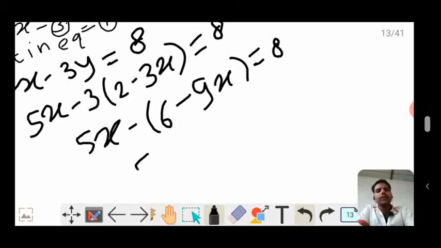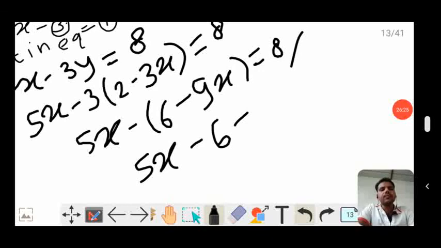So we get 5x minus, we multiply this minus into the terms inside the bracket, so we get minus 6, and minus into minus multiplication we get plus 9x is equal to 8.